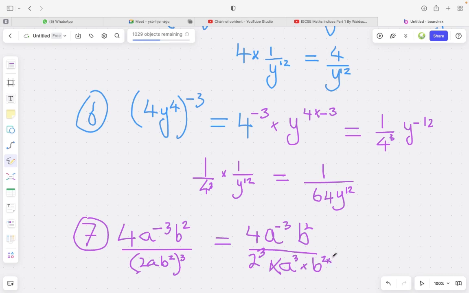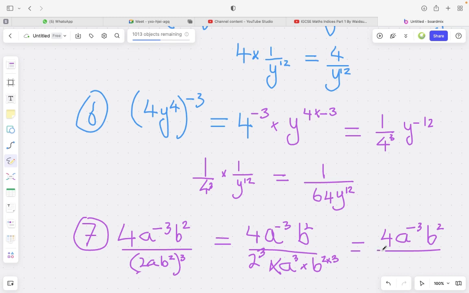So this will lead us to, let's still write what we have here. 4a to the power of negative 3, b to the power of 2, all over 2 to the power of 3, this 2 to the power of 3 gives us 8.